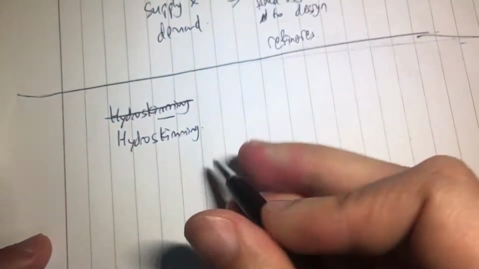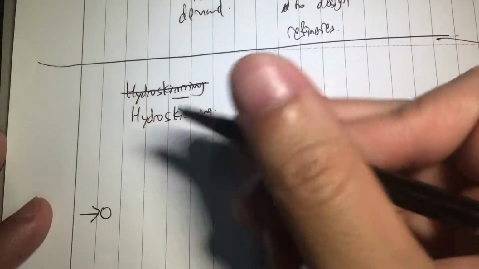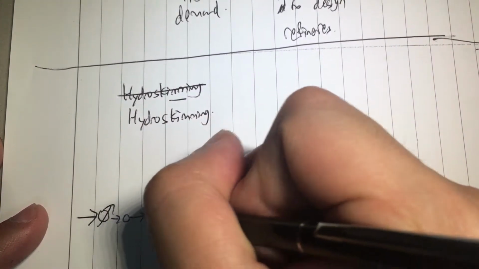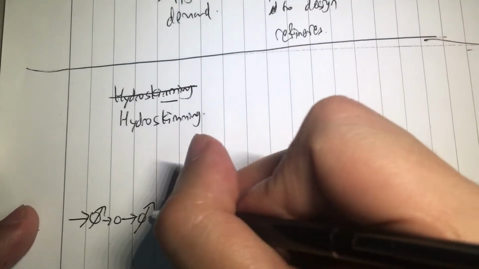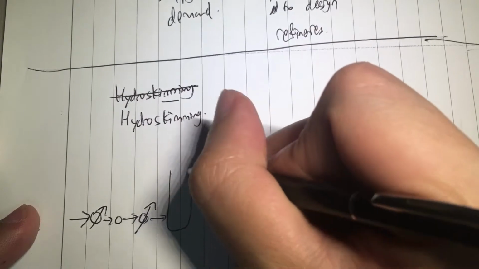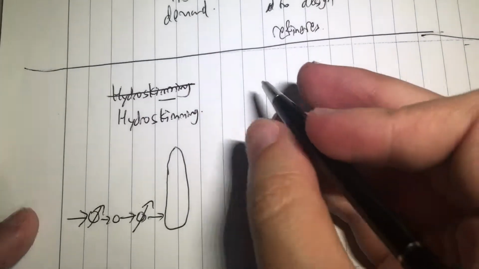So that's a double M there. Hydroskimming. You'll have a very similar setup. You have a charge to the distillation tower.